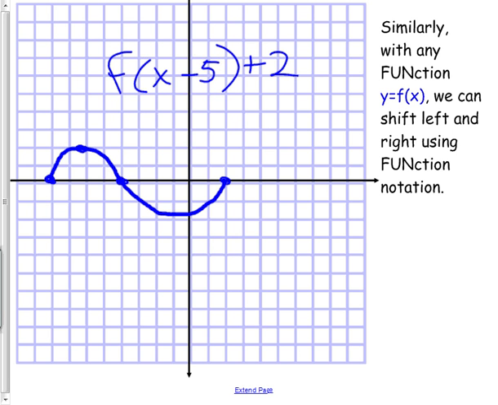So I'm going to move those 5 to the right and up 2. 1, 2, 3, 4, 5 to the right, up 2. And then I just see if I can connect my dots.